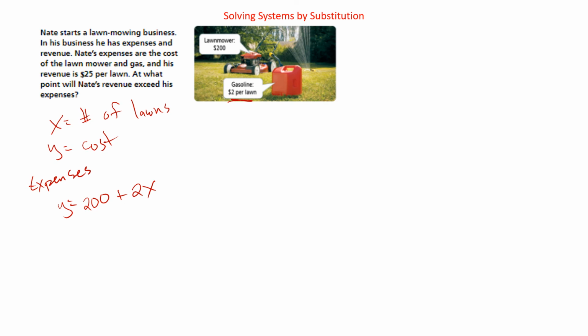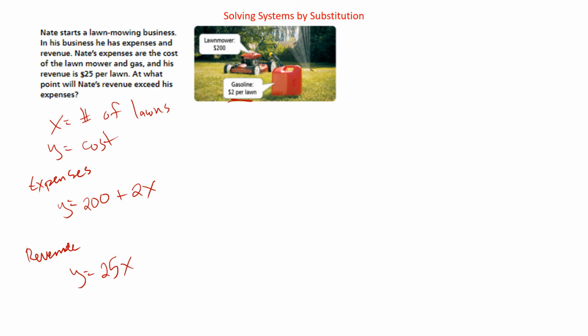So that's his expenses. His revenue, what is he bringing in? Well, he's charging $25 per lawn. So we have 25x. He doesn't start out with any supply of cash that somebody just gave him for the fun of it.